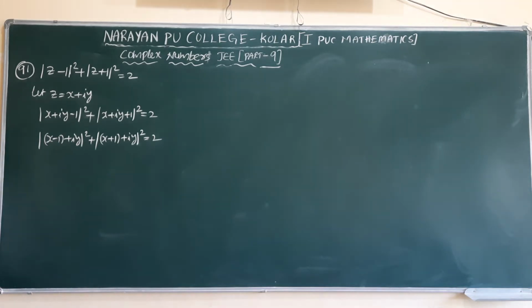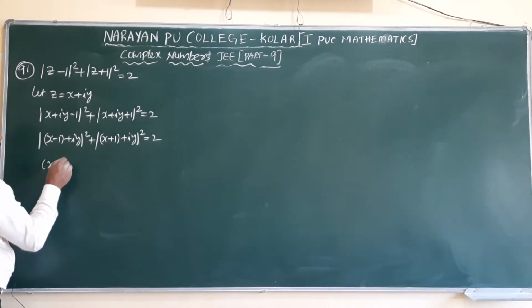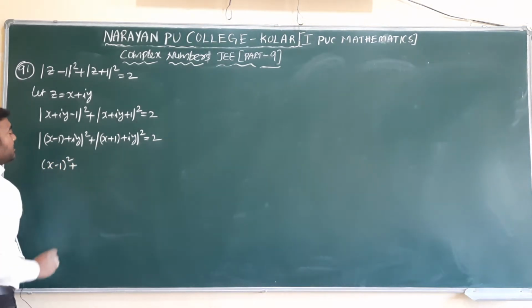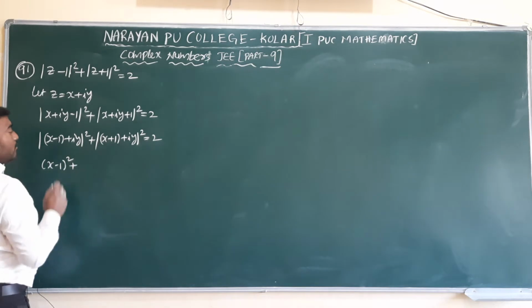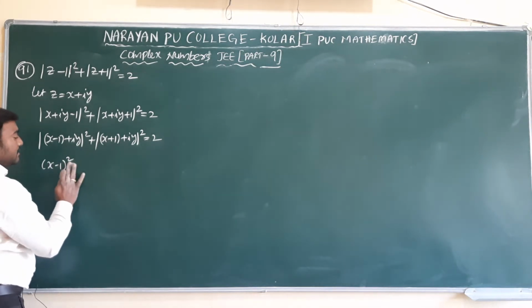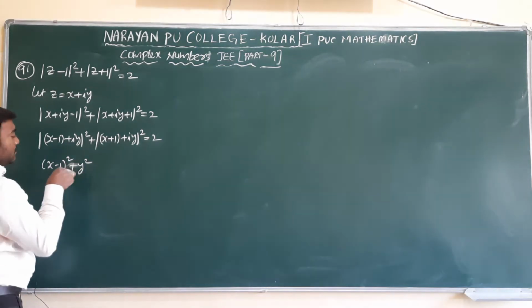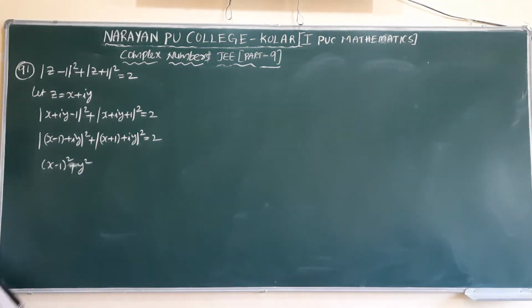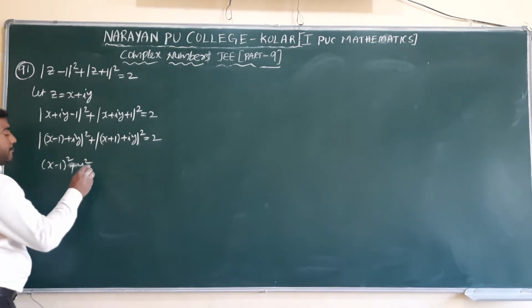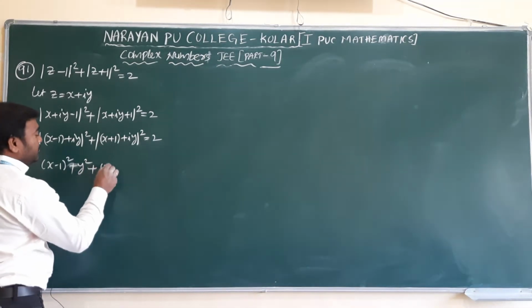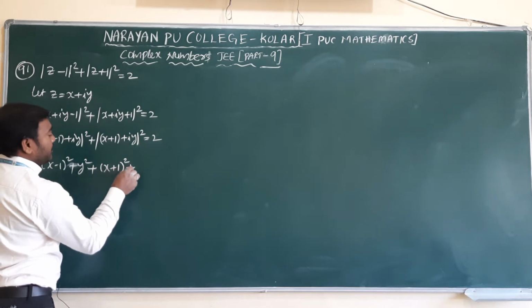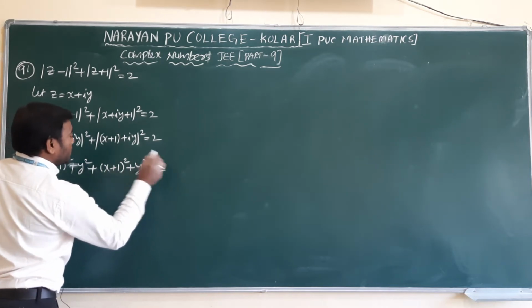We already know that the modulus of z square is x square plus y square. So it is directly x minus 1 whole square plus y square, plus x plus 1 whole square plus y square, is equal to 2.